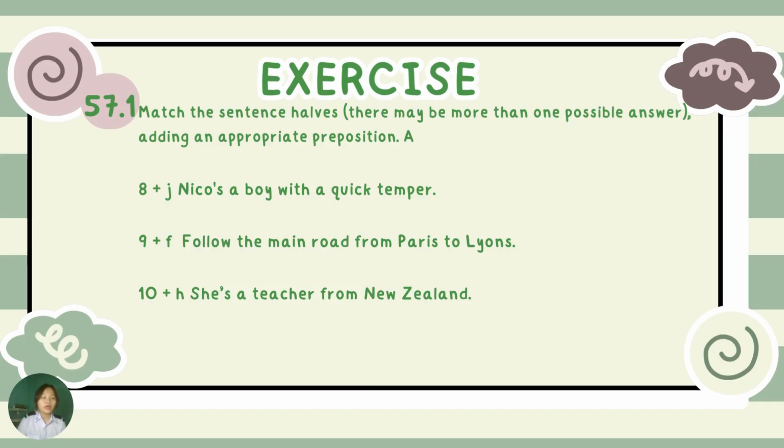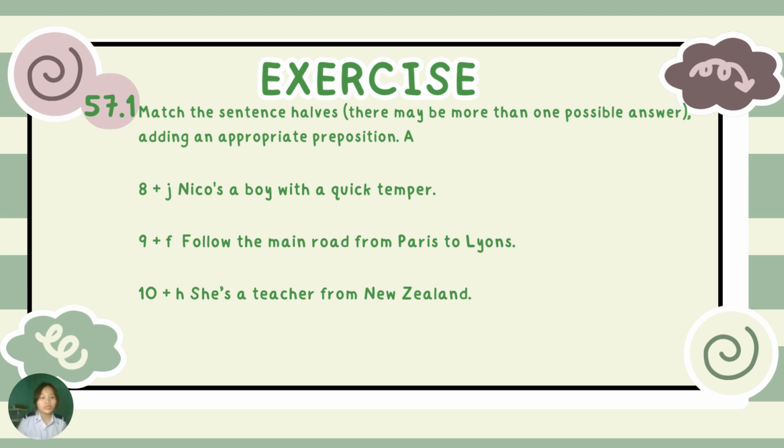Number 8 matches with G: a person with a rectangle. With is used to describe characteristics or traits a person has. Number 9 matches with F: follow the main path from Paris to Lyons.